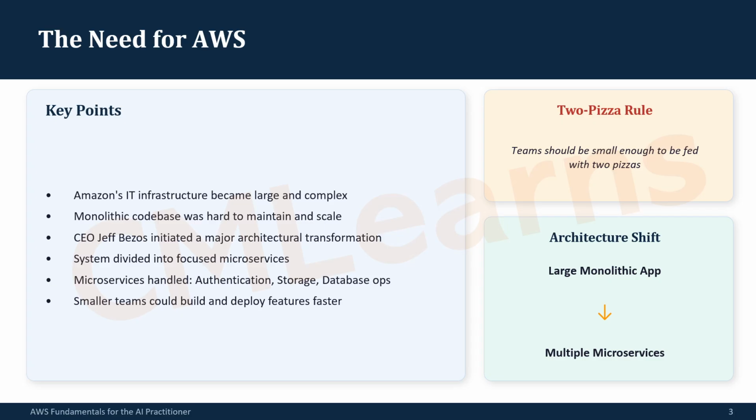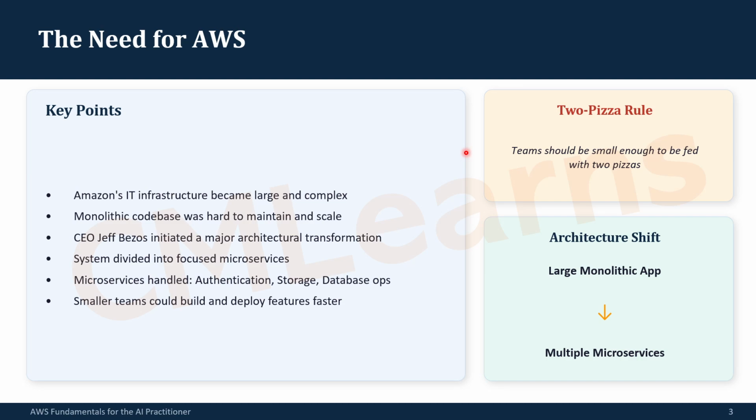So smaller teams can focus on building much better products. Since microservices were introduced, smaller teams can build and deploy features much faster and more efficiently. The main rule used was that a team should be small enough to be fed by just two pizzas. Since we were focusing on microservices, we only need small teams.